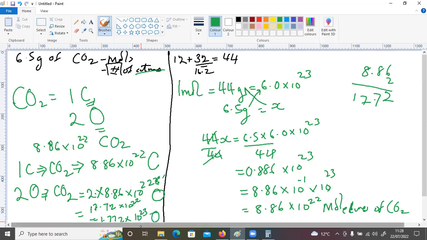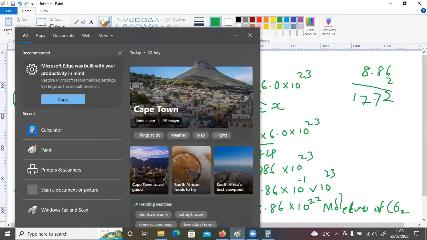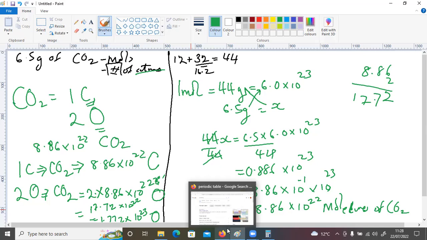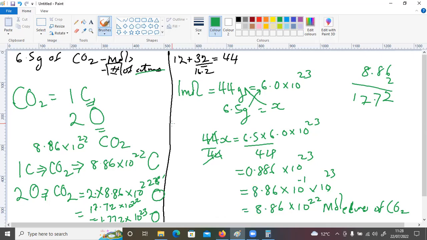Okay, and I think based on that, up to so far, we have covered quite a substantial amount. Do revisions on that one. Make sure you do lots of exercises. This is all about exercises.